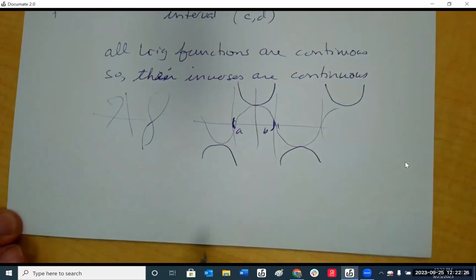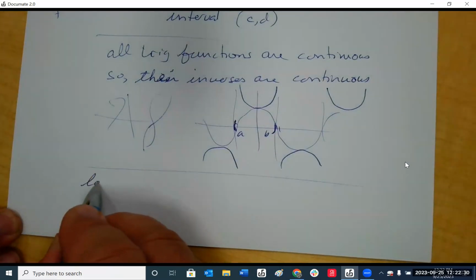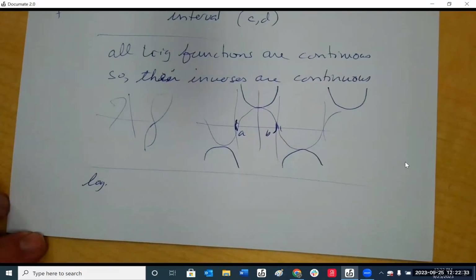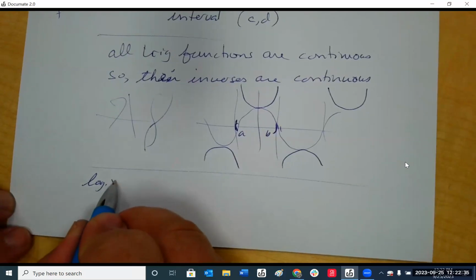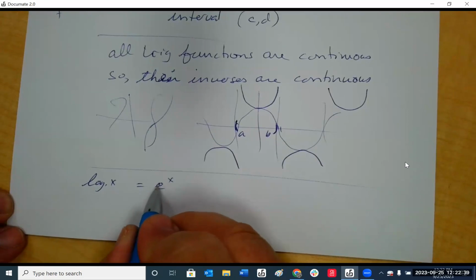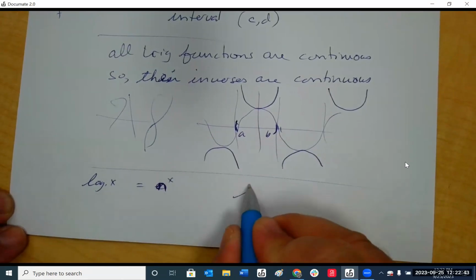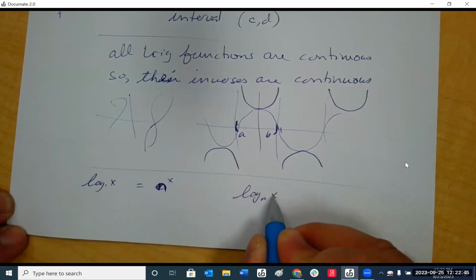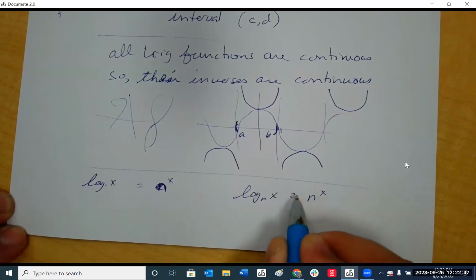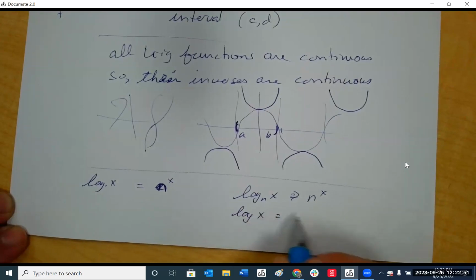Logarithmic functions. What's the inverse of a log function? It would be exponential. We have three of them. ln of x is the inverse of e to the x. Log of x is the inverse of 10 to the x.